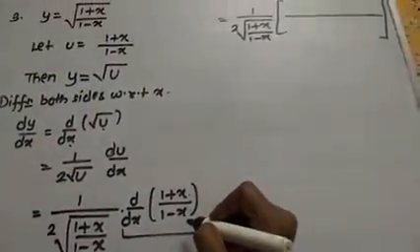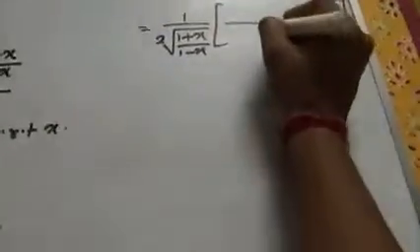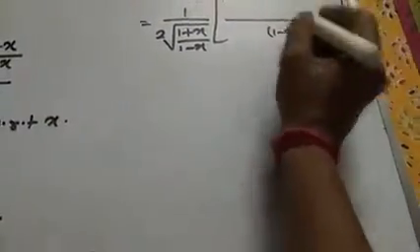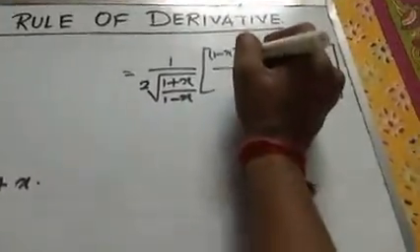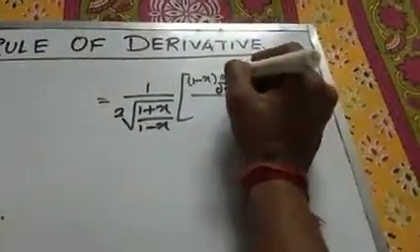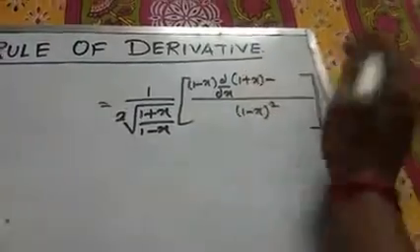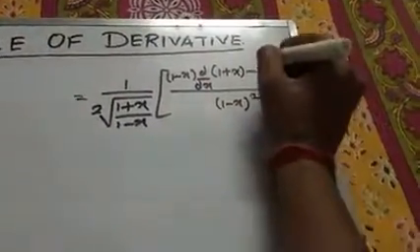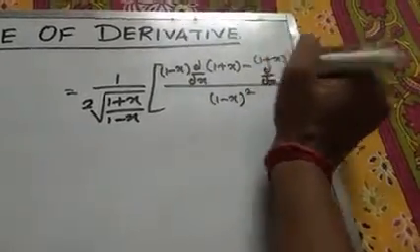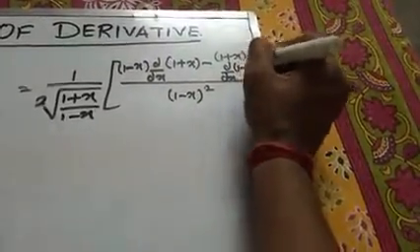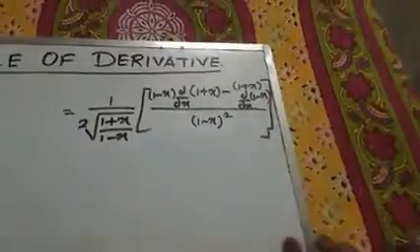The denominator was 1 minus x, so we will write 1 minus x whole square, then denominator times d/dx of numerator minus numerator times d/dx of denominator.